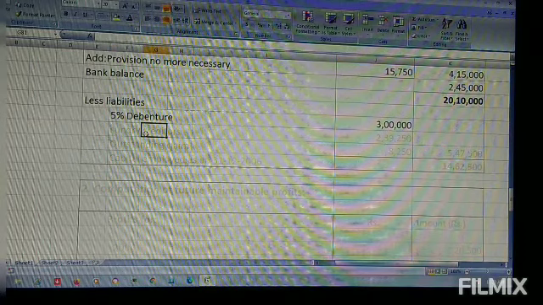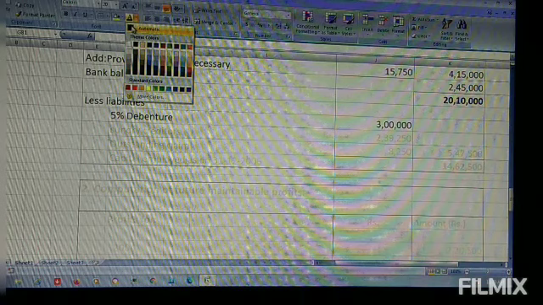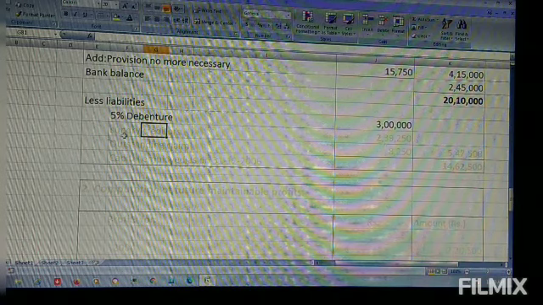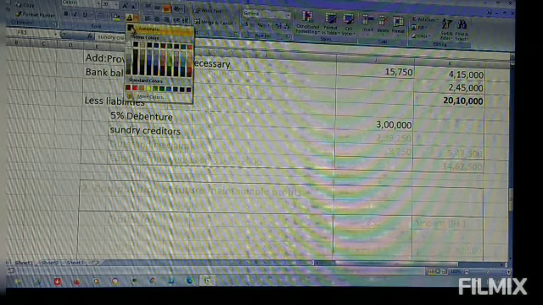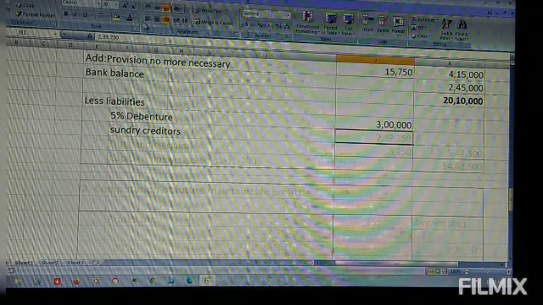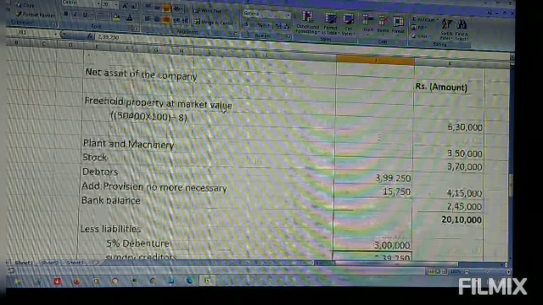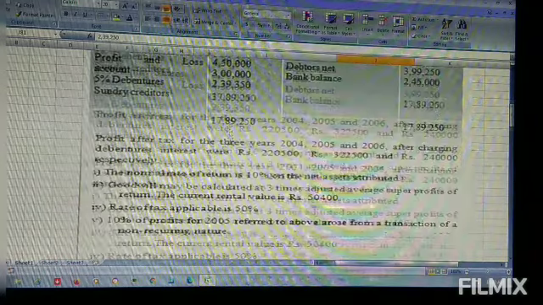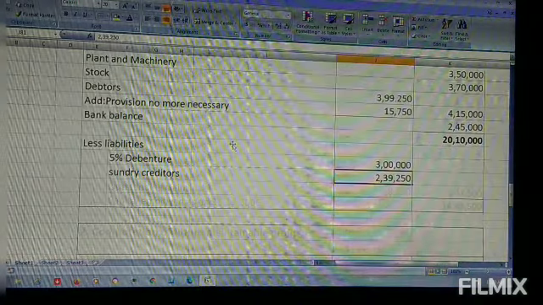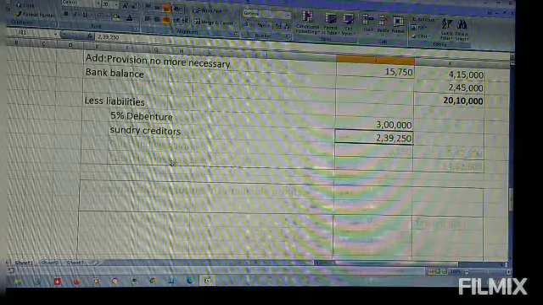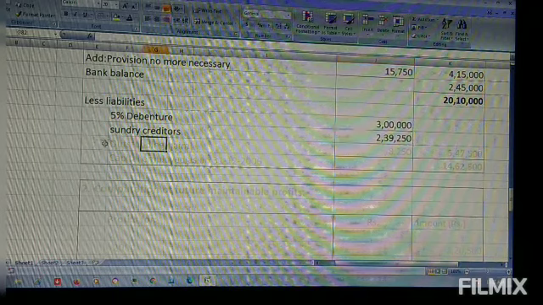Then sundry creditors, how much is it? 2 lakh 39,250. It is given in the column, 2,39,250.